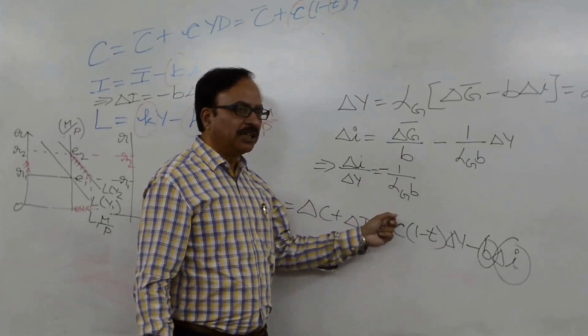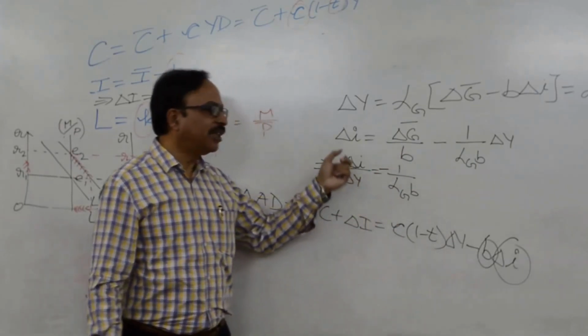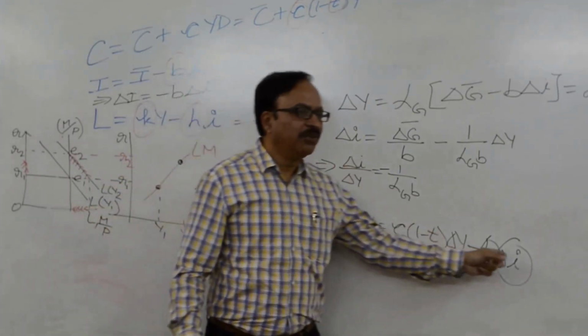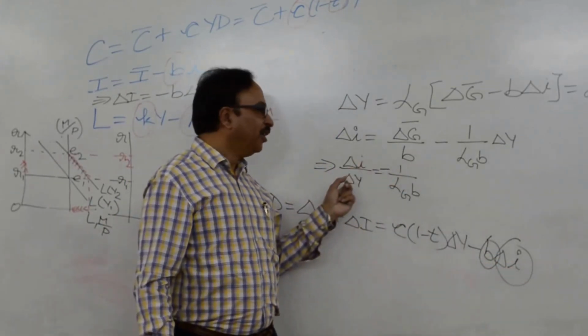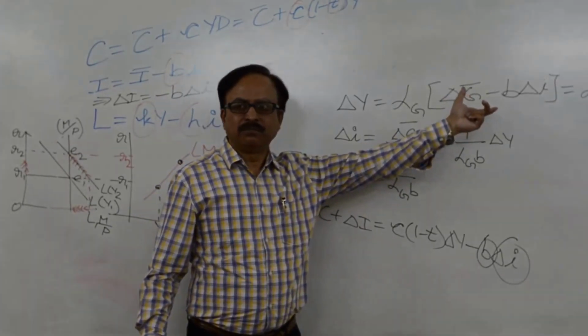This will of course be negative. And why is it negative? For the simple reason that if delta I is positive, that is the rate of interest is increasing, investment will fall, consumption will fall, aggregate demand will fall, income will fall. So this is increasing, this is decreasing, so the negative sign. Pretty simple.